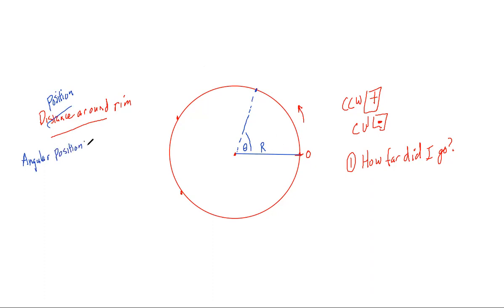And so my angular position would be some function of time called theta, right? My angle with respect to time is equal to maybe, let's say, 5. Well, this would mean that, and typically this might be a radian measurement, so I might say radians.